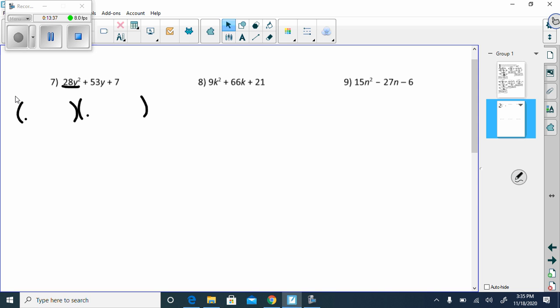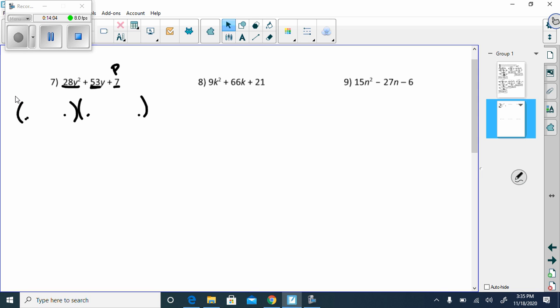I could use 28y and y, but I can already see that when I put in my products of 1 and 7, which I'm going to have to put here and here, there's no way multiplying 28 by 7 and adding it to 1 is going to be able to give me that 53 there in the middle. So I'm going to have to pick different factors to go here.